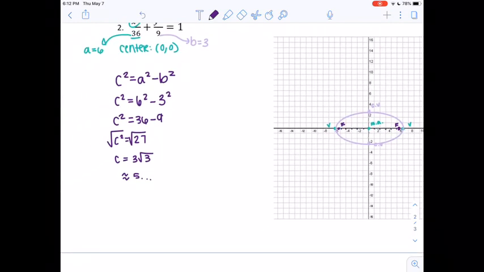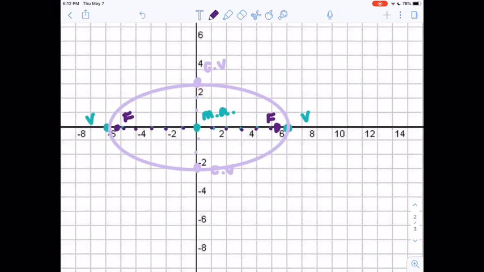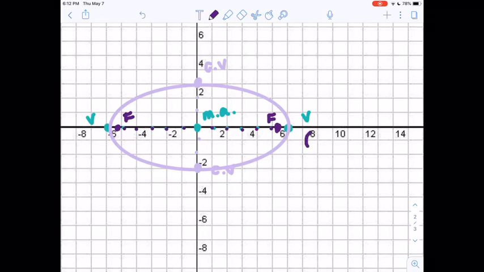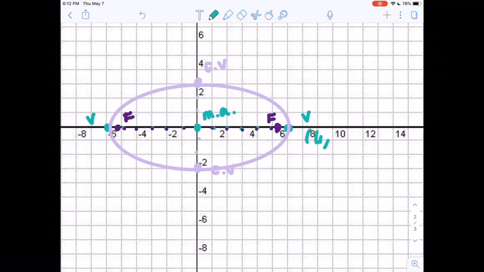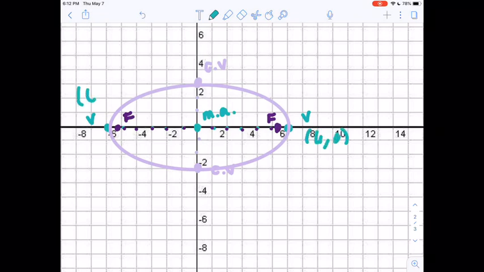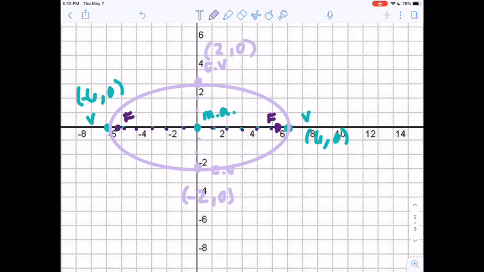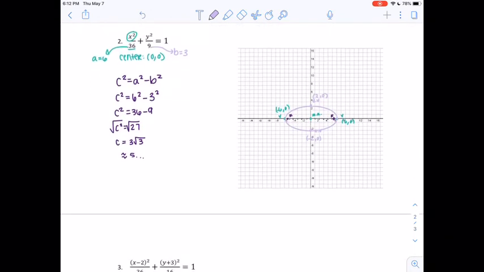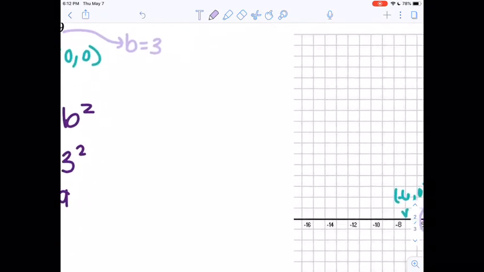And if you wanted to actually label your points, let's label our vertices first. This one is located at 6, 0. This one is at negative 6, 0. My co-vertices are at negative 2, 0 and 2, 0. Okay, so let me label these over here so we can be neat with our work.